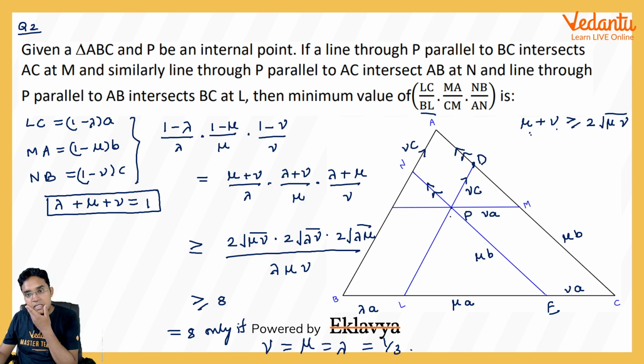So maybe this P should be such that all lines passing through it divide these sides in the ratio 1:2 on the corresponding sides. Maybe this nu will be 1/3, so this NB will be 2/3 times C. So this is how, if we place our P, we will get the answer. I think this P will be 1/3 here, 1/3 here.